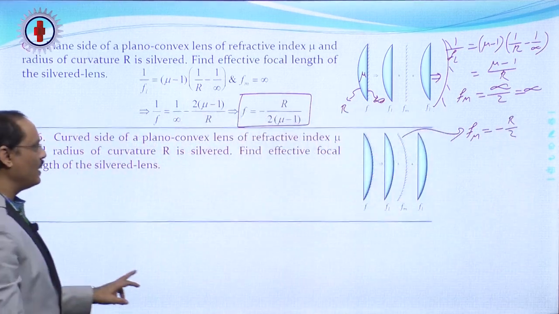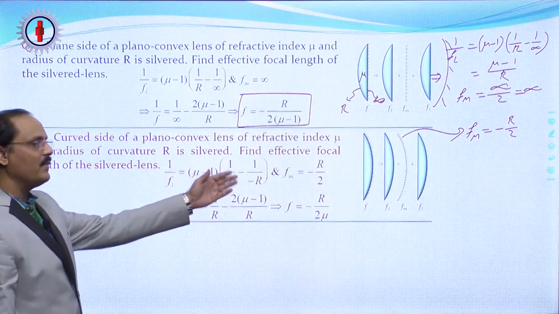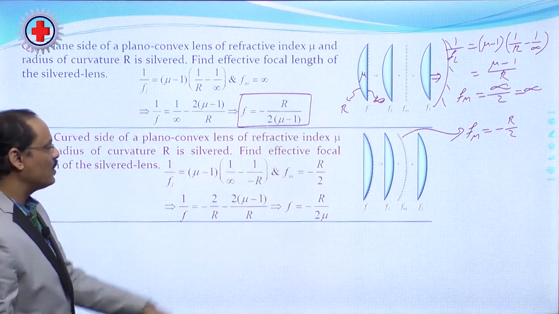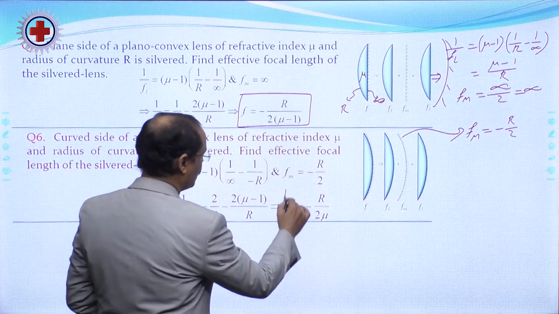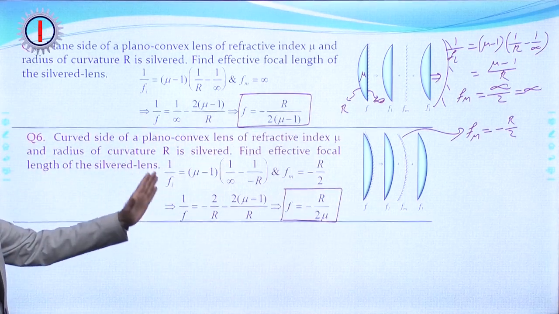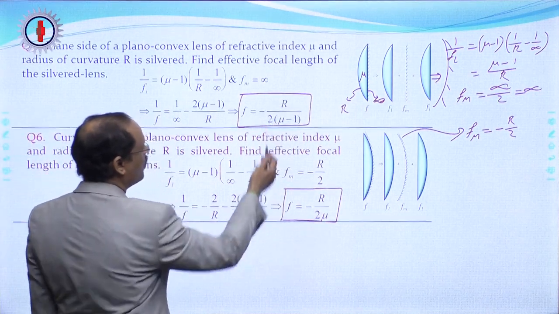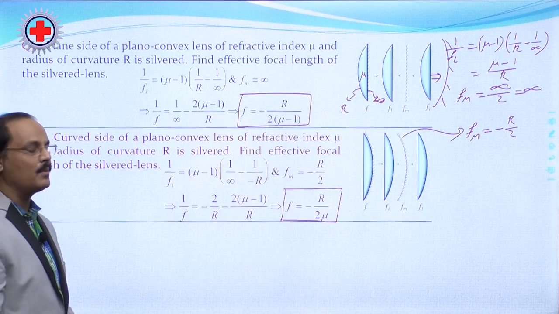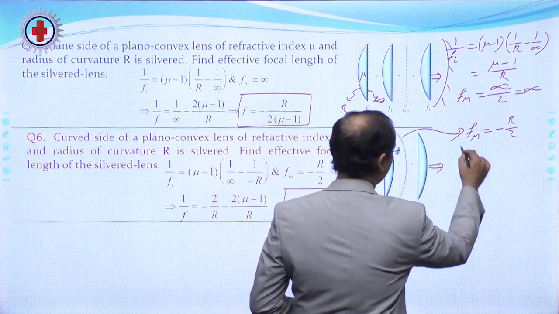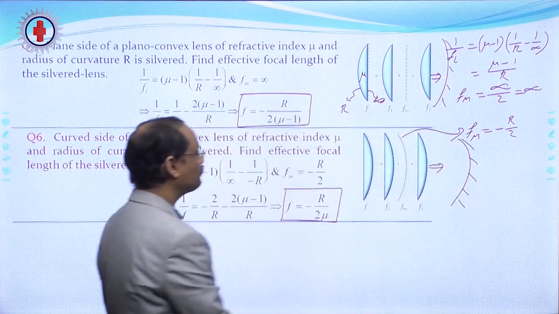If we put in that value, the lens having the same focal length, and the mirror having focal length minus r by 2, we get F equal to minus of r by 2 mu. Now, you could say this is still negative, but the denominator is larger, so the focal length is smaller. A smaller focal length means it is more powerful, it is more converging. This is more converging than the previous one.